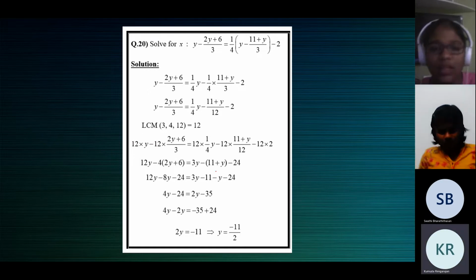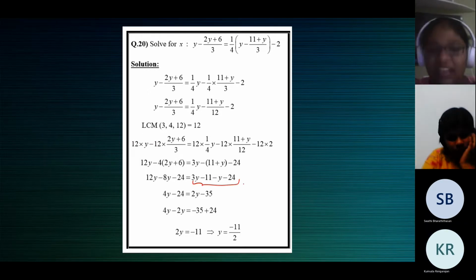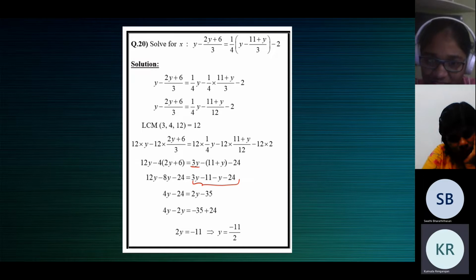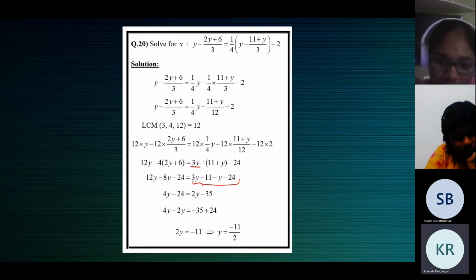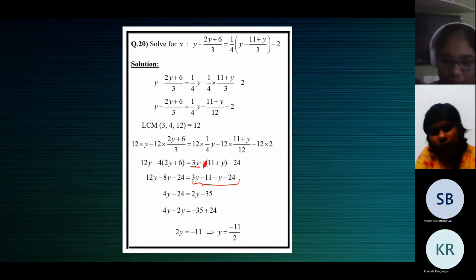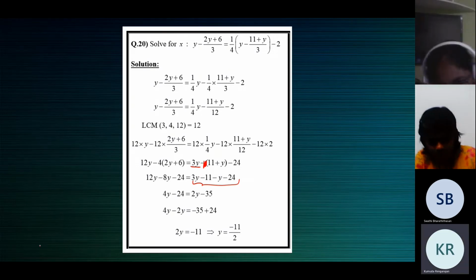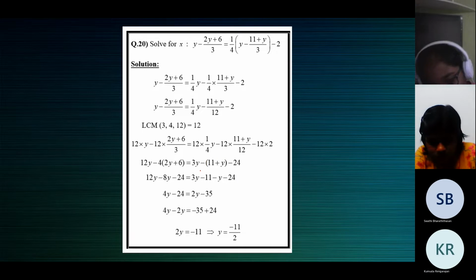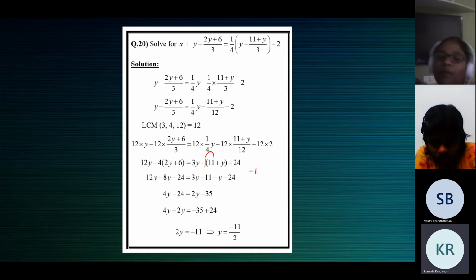Yes, Nandana. See here, you have gone wrong here. 3y, you must write as it is. You need to multiply minus 1. There's a 1 here. There's a 1 here. So minus 1 into 11. Minus into plus is minus.